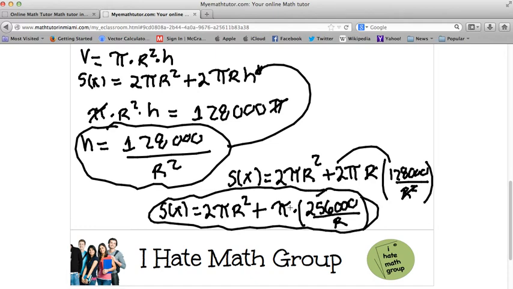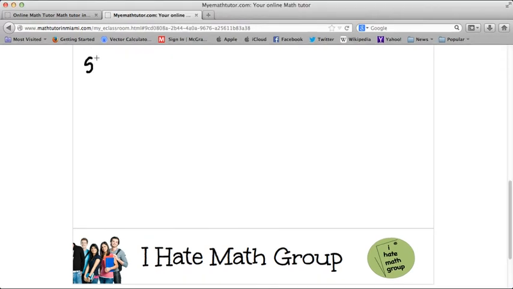I'm going to find the derivative, and after I find the derivative, I'm going to find the critical point. So we know that the surface area was equal to 2 pi r squared plus 256,000 pi over r.